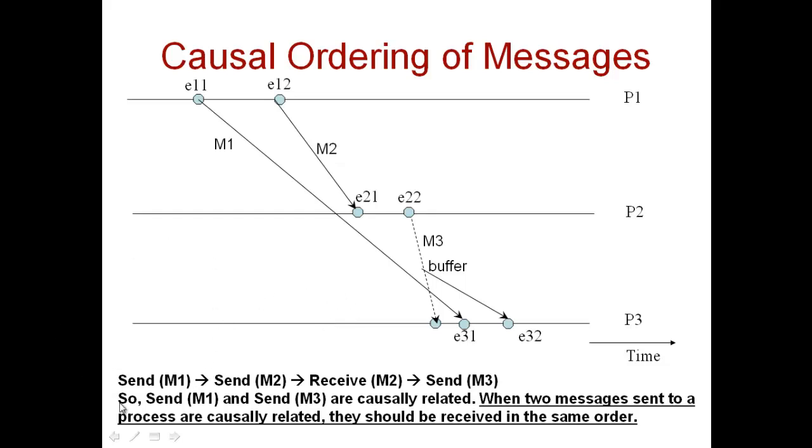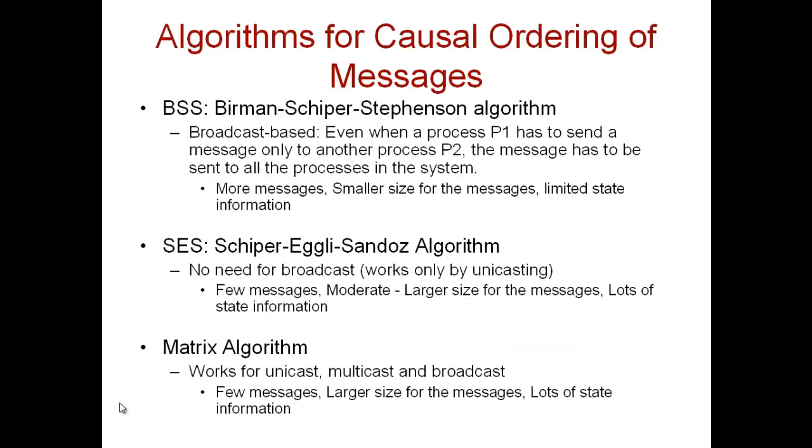So we have algorithms to facilitate causal ordering based on different ideas. We saw the BSS algorithm that was broadcast based. So when a process wants to send a message to a specific process, it still ends up broadcasting to all processes. And then the SES algorithm, which is strictly unicast based.